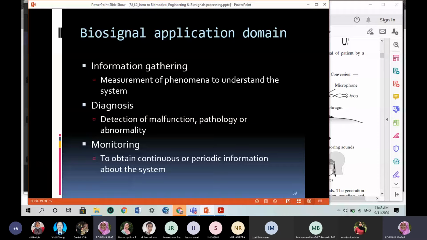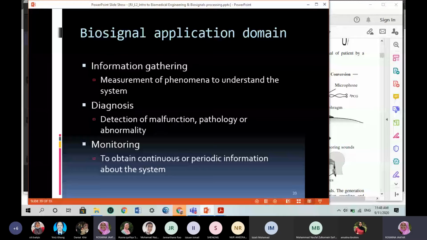Okay. Biosignal application domain, information gathering, measurement of phenomenon to understand the system. And the diagnosis stage, you want to detect malfunction or pathology or abnormality from the signal.